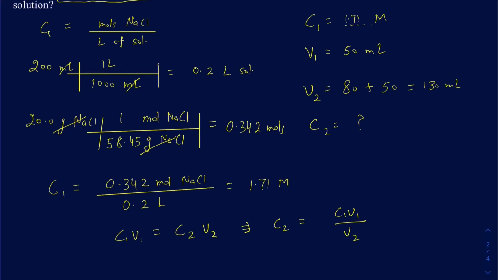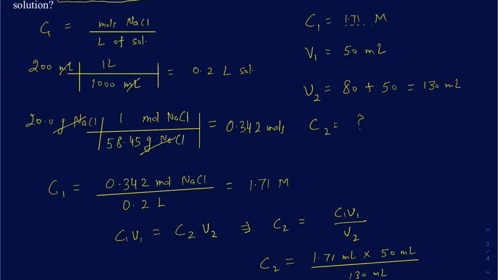If you want, you can plug in the numbers and solve your way as well. It doesn't really matter how you do the mathematical portion as long as you do it right. So your C1 is 1.71 molar, your V1 is 50 milliliters, and your V2 is going to be 130 milliliters.